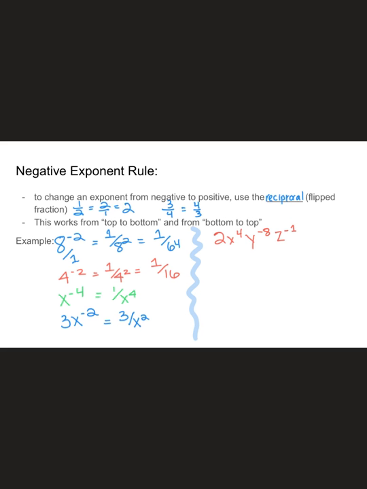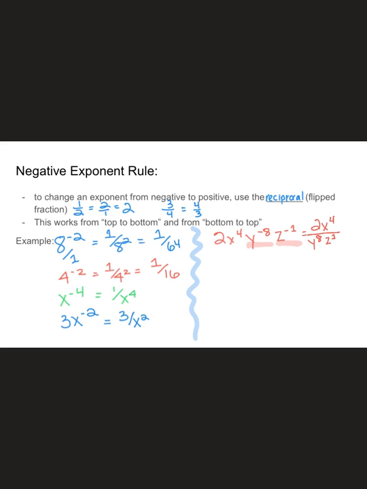That's all one thing. We are only going to drop the ones that have negatives. Everything else is going to stay on the top here. So what we end up with is 2x to the fourth over y to the eighth. That becomes positive now. And z to the first.